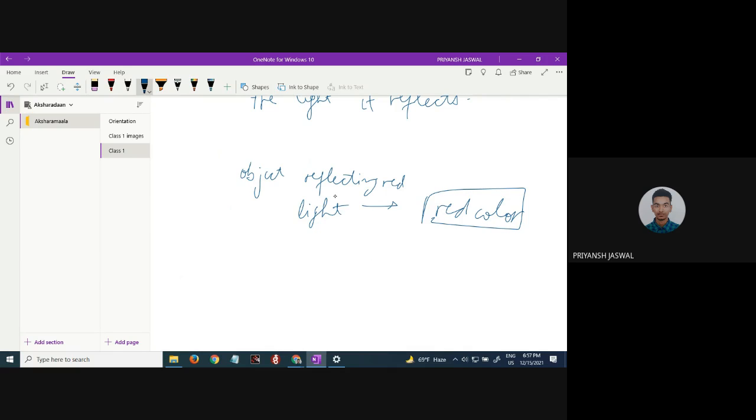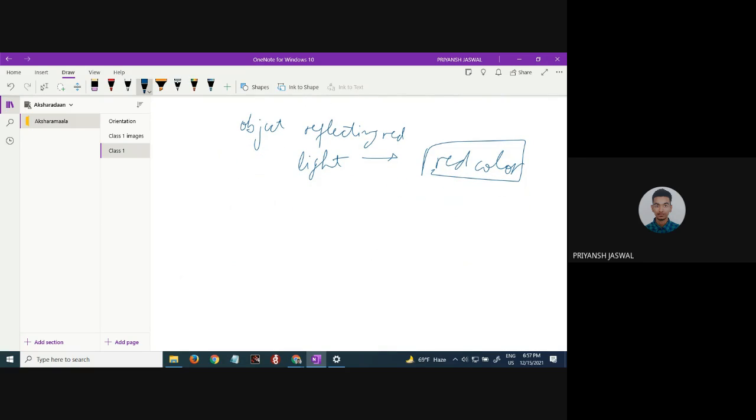An object absorbing all the colors will have black color because it does not reflect anything. And there can be another property also, like if an object just allows all the colors to pass through it, instead of absorbing or reflecting, it just transmits all the colors.